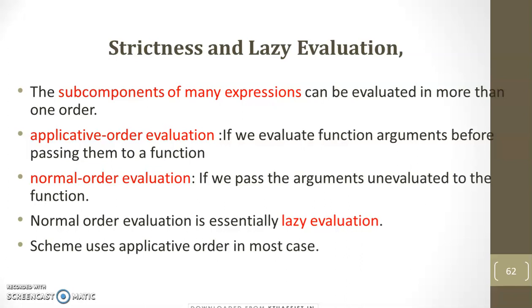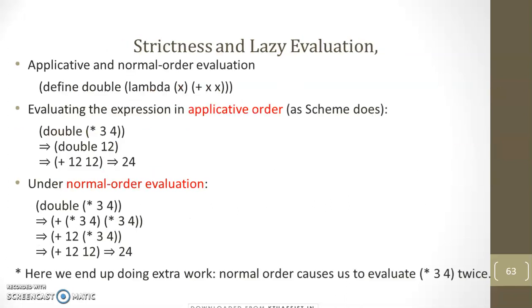Also, we have seen some orders of evaluation, like applicative order evaluation and normal order evaluation. Normal order evaluation comes under lazy evaluation, in which the arguments are left unevaluated and are evaluated in the body of the execution. We have seen that with an example also.